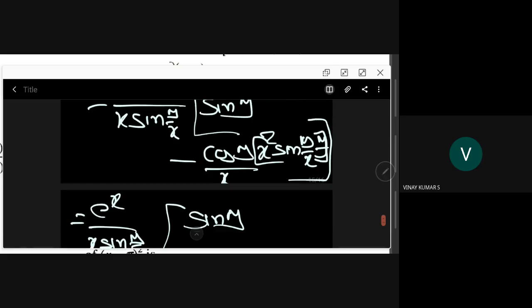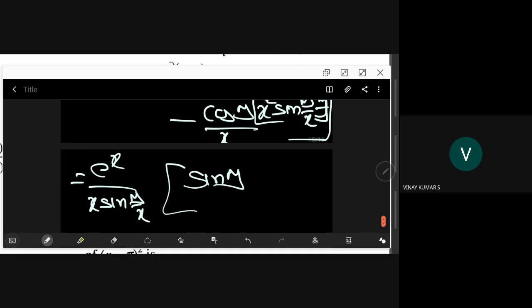Minus sine y minus, here what we do is that first term will be x will go, so x cos y sine y by x minus x cos y, okay, I better write x cos y like this, minus x cos y sine y by x, right? x cos y sine y by x minus y is there, minus y cos y by x, minus, is it right?